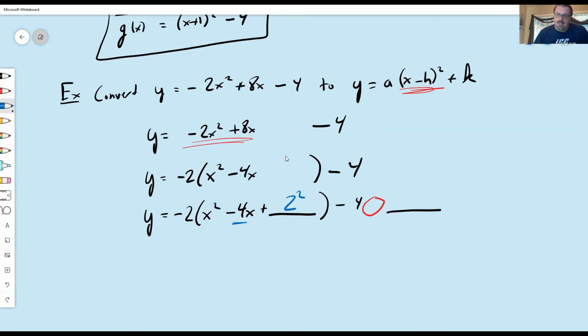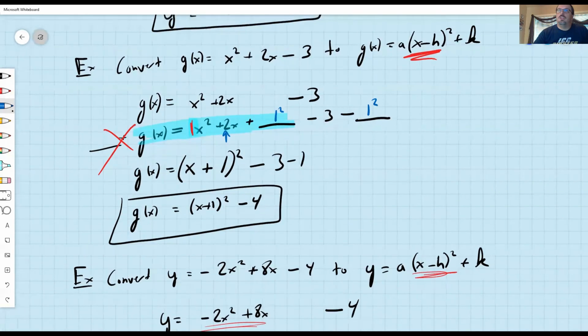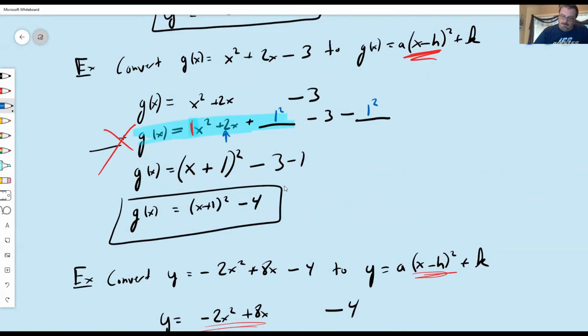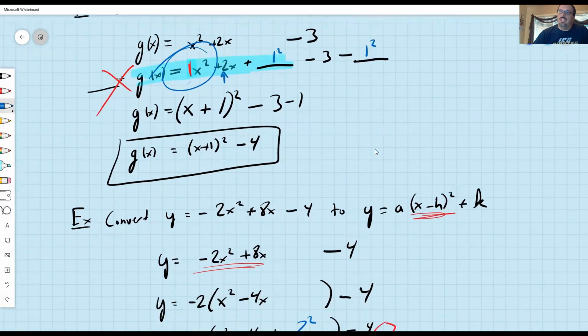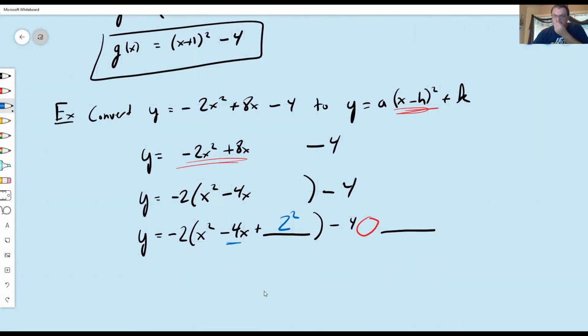And here's the tricky thing. Before, on the previous one, I took 2 squared here, I subtracted 2 squared there. But on the one before, the number in front was 1. We don't have that. It's more complicated. So if I was to FOIL, or distribute, this goes to this, this goes to this, and this would go to this.